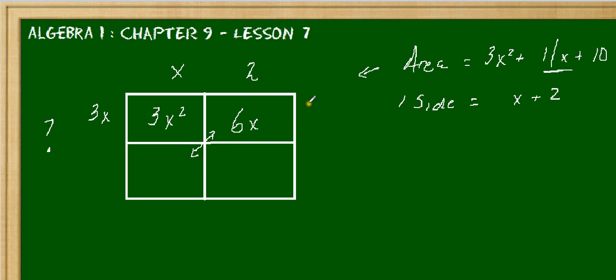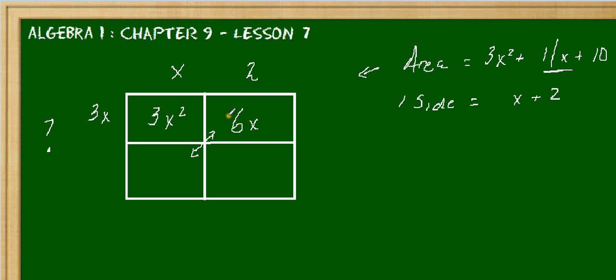Okay, so we know that whatever we add here is going to have to equal 11x. And if this is 3x squared, which it has to be 3x squared for us to have an x here, so you would know that. So this is going to have to be 6x because you have to multiply 2 times 3x. So you're forcing yourself into giving yourself the answer.